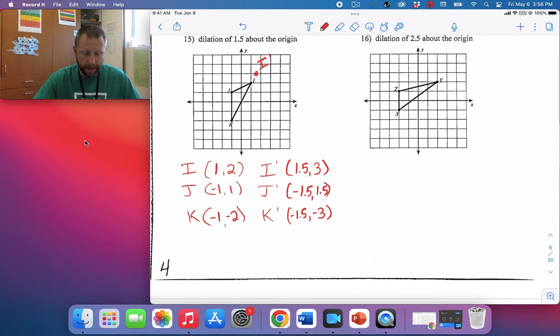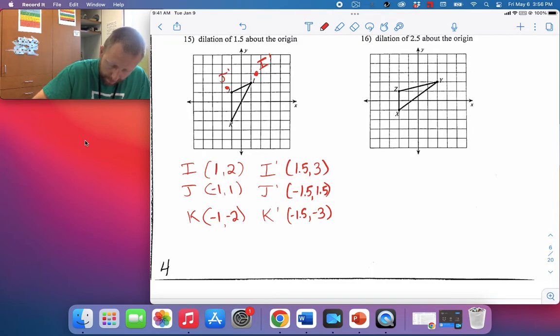J prime is -1.5, so left 1.5 and then up 1.5. I'd be right here. That's J prime. And then K prime is left 1.5, down 3, which is right here. And then just connect those points.